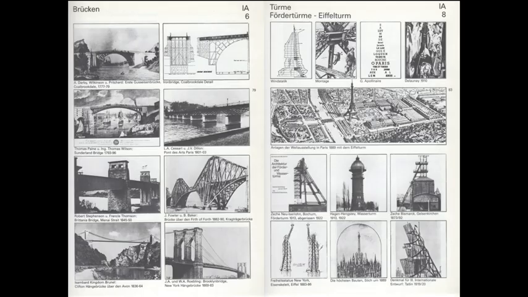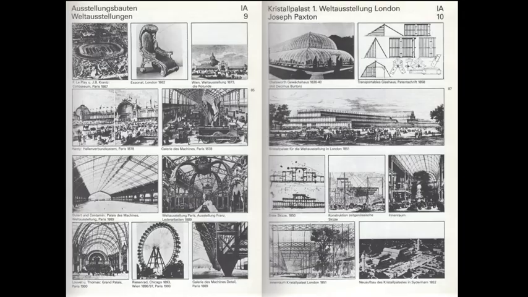Yes, the bridges were very important for the railroad tracks especially, but we can also see the Eiffel Tower on the right hand in the upper row of pictures. In the lower row you see the Statue of Liberty in New York, which was designed by the same engineer, Gustave Eiffel. And of course, you see industrial buildings for the coal mines, for water towers, for something like that. So the material comes back to its origin, so to speak.